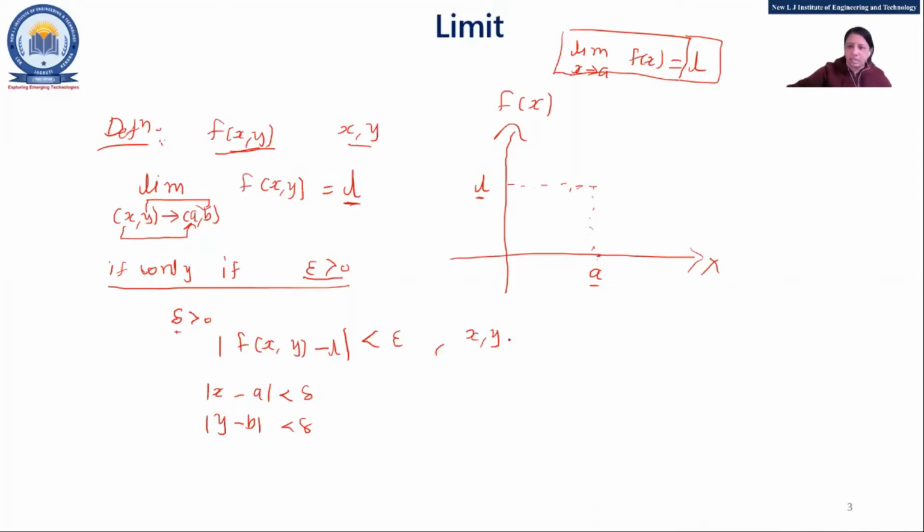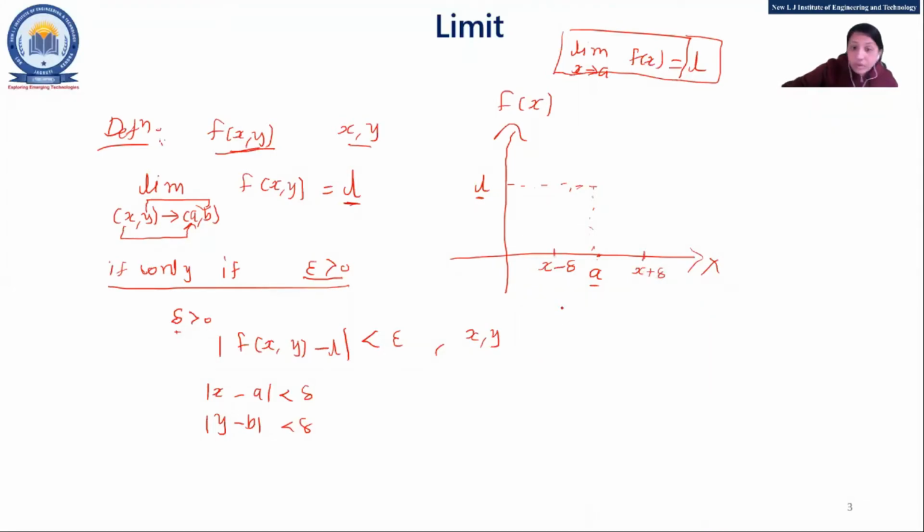We'll see it in detail in unit 1. But right now, suppose I have some value at this point, and that is nothing but a minus delta. I will have some delta, a minus delta, this. Now another point is here, that is nothing but a plus delta. Okay, I'll write it in that way.